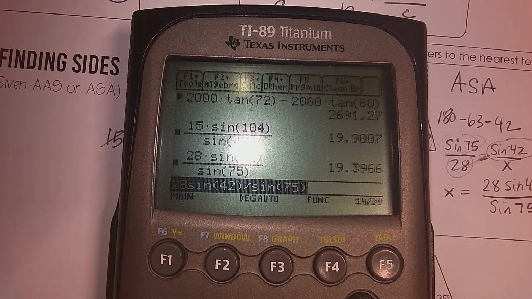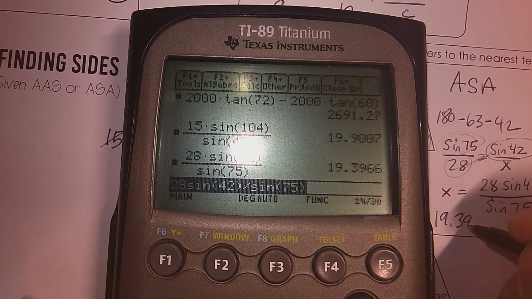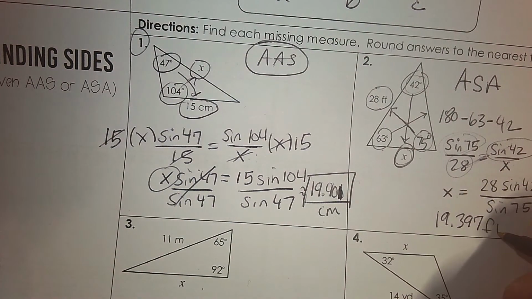And you get 19.397. Is there a unit of measurement here? Feet. Okay.